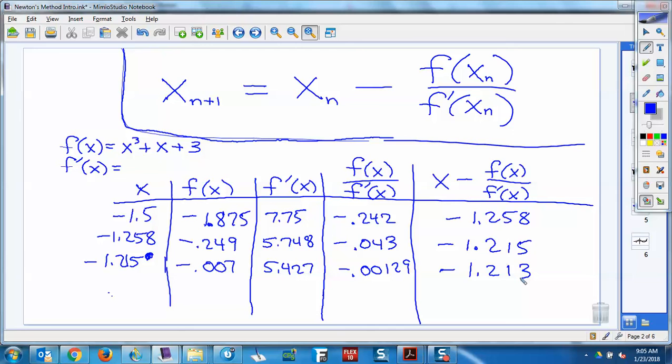What does this one tell us? This is really kind of an important column. What's this tell us? Because what do we do with this answer? So isn't this just the difference from our last guess to our new guess, right? So what should happen is how many zeros here starts telling you how many decimals of accuracy you have.